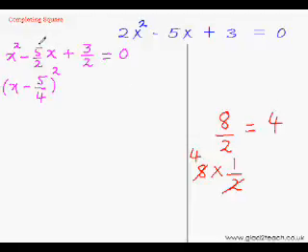Similarly, the half of this fraction 5 by 2 would be 5 by 2 times 1 by 2, which is nothing but 5 by 4. And that is exactly what I had put over there. So in short, whenever you have to find the half of any fraction, simply multiply its denominator by 2. See?